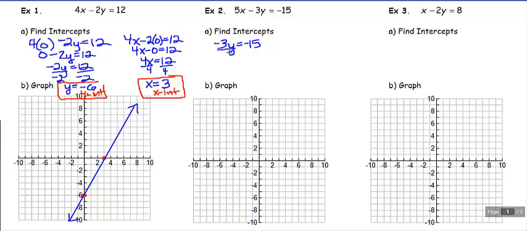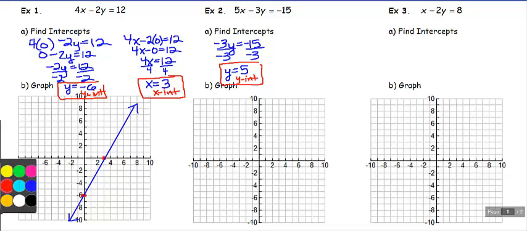All right, so to solve for y, we divide by negative 3, and I get 5. So my y-intercept on this one is at 5. And now I'm going to do that same cover-up method again. So this whole thing here is going to go away, because if we plug in 0, we get 0 there.